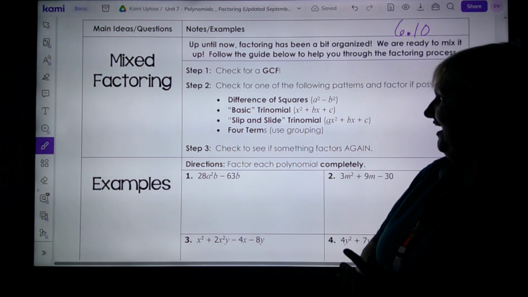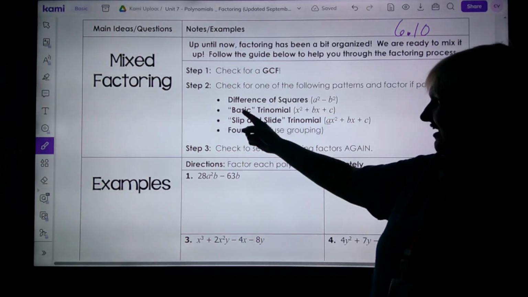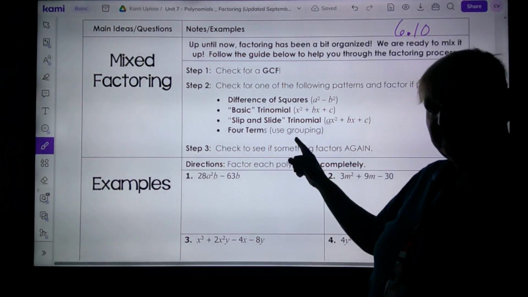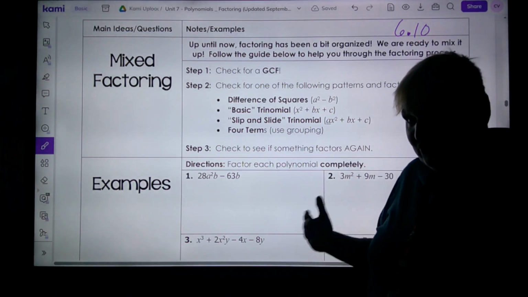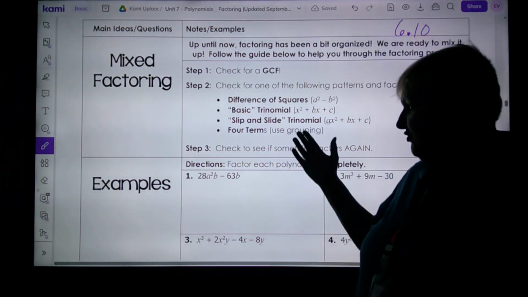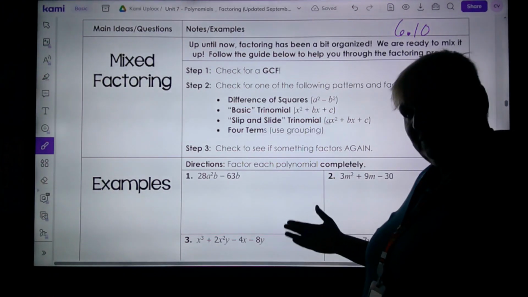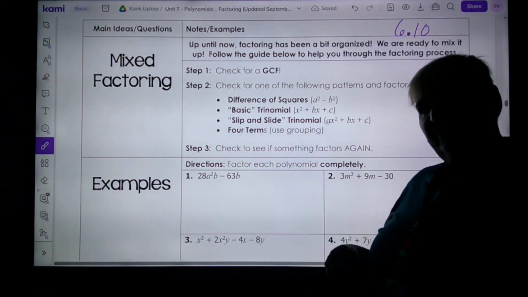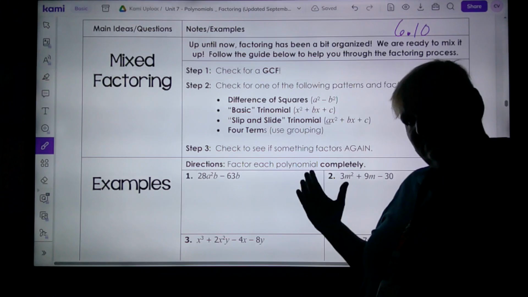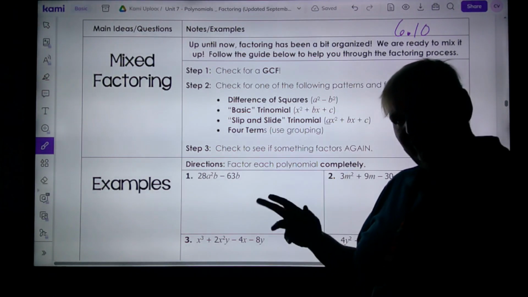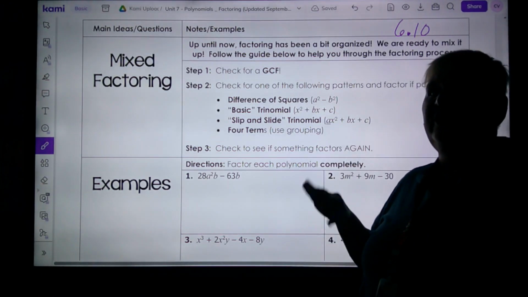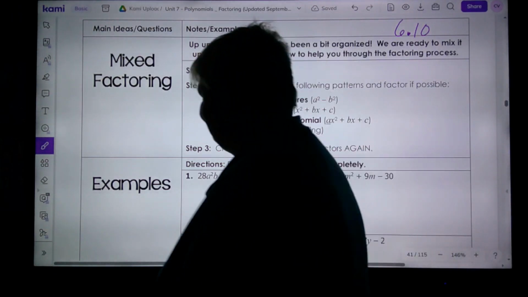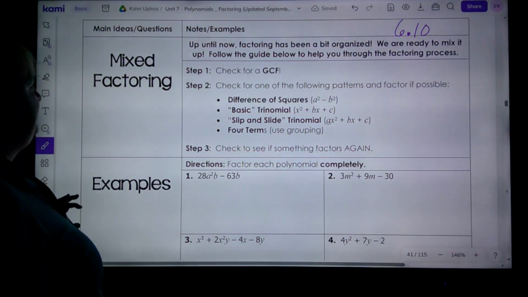Then you're going to have to see if it's a difference in squares, if it's a basic trinomial, if it's a slip and slide trinomial, or if it's 4 terms in which you use grouping. You have to figure it out. But if you can figure this out enough to complete it and pass the mastery check, I'll put 100 in for a major grade. Fair? But again, don't tell other people. Only the people who make it this far get to do this. I don't want them jumping ahead. That's not fair. They won't know how to do it and they'll cheat.